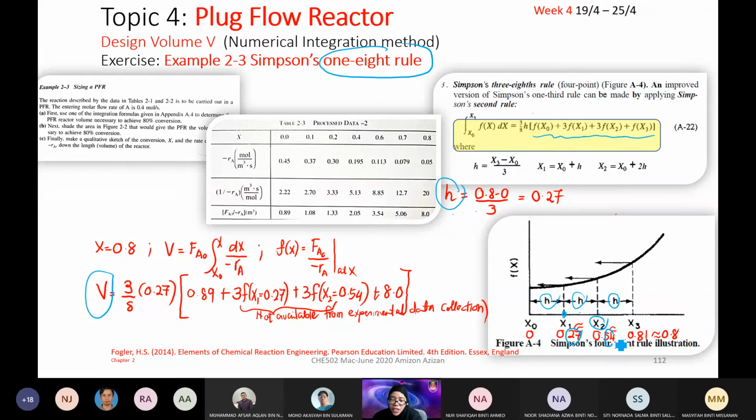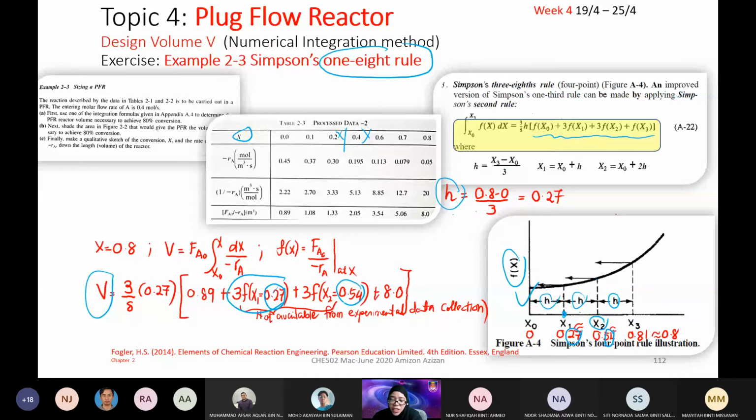Unfortunately, we don't have that X at 0.27. No, we don't have that. And 0.54, we don't have that. So we cannot use the graphical method to get our FX at that 27% of conversion and 54% of conversion. So therefore, we cannot use this 3/8 rule, if we were to find the design volume.